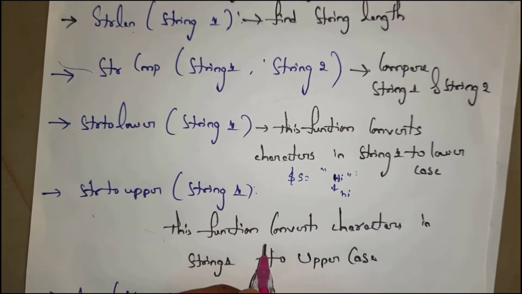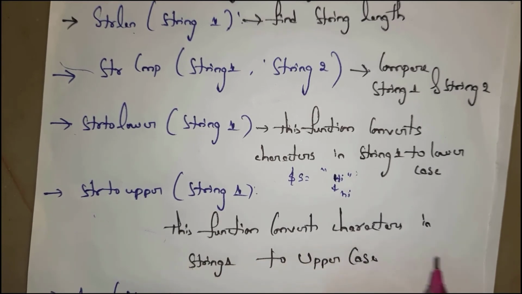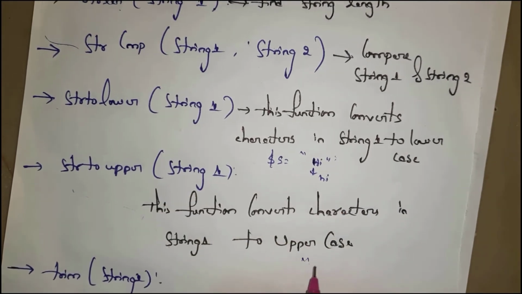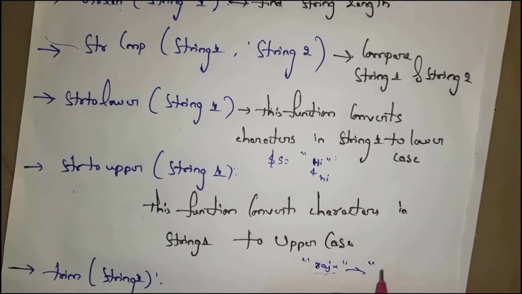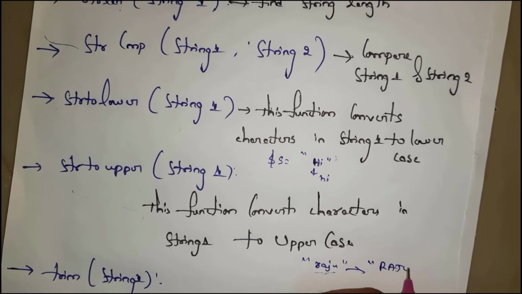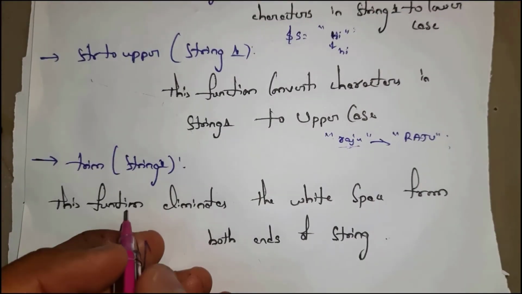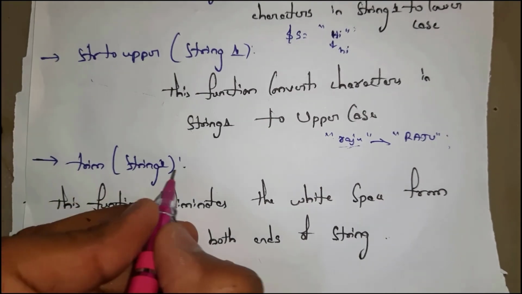This function is used to convert characters in string 1 to uppercase. See, for example, the word Raju in lowercase is going to be converted into uppercase, like this. Next one is trim of string 1.